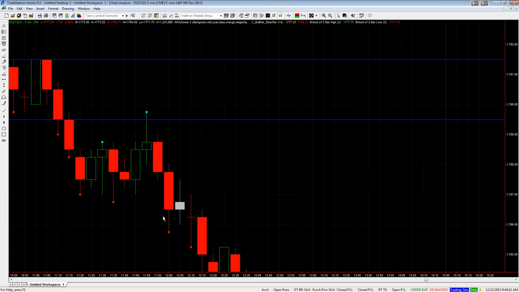In seeing the breakouts of the past 2 bars, we know that this red candle right here was a breakout of the past 2 bars, and when we see that little dot plot and price touching the zone, I have no problem taking it short after this candle plots, which would be on this little white candle right here. I don't know why it's painted white, but I know TradeStation does some processing with their bar color, so I'm not sure what that means.